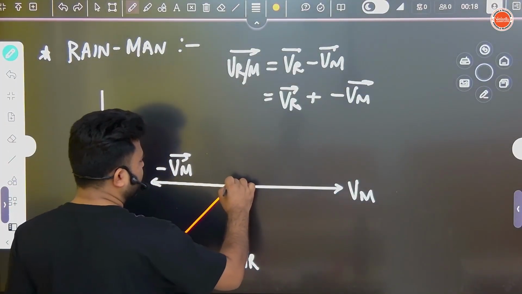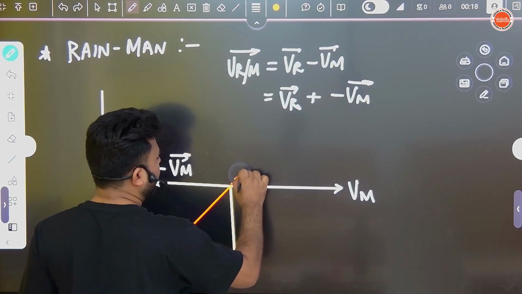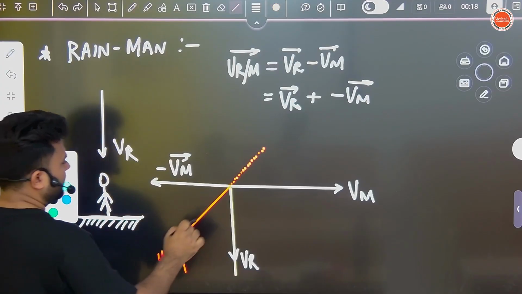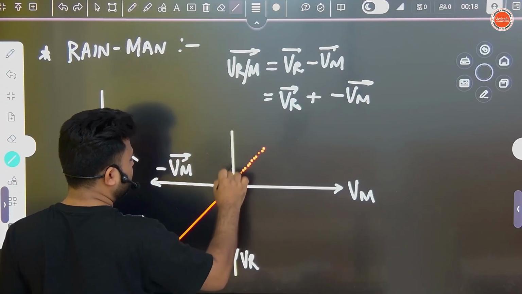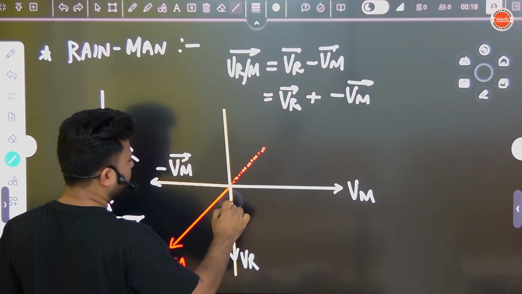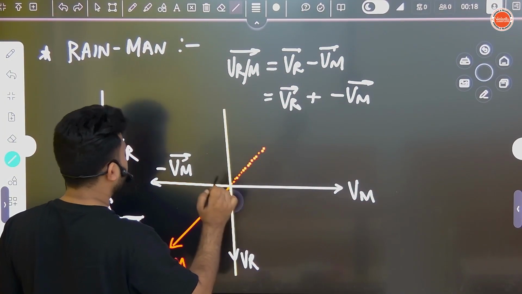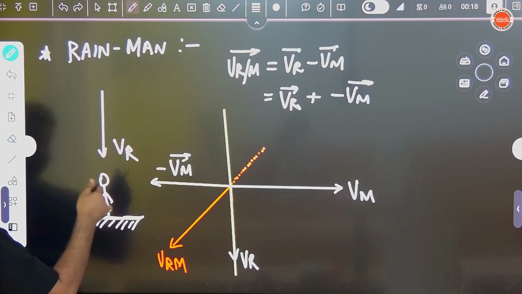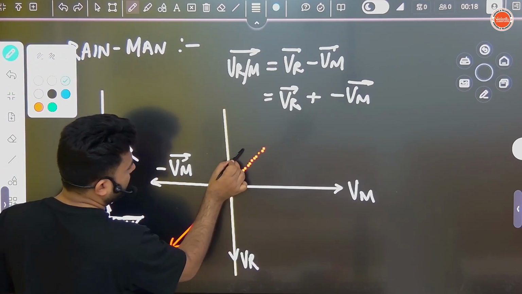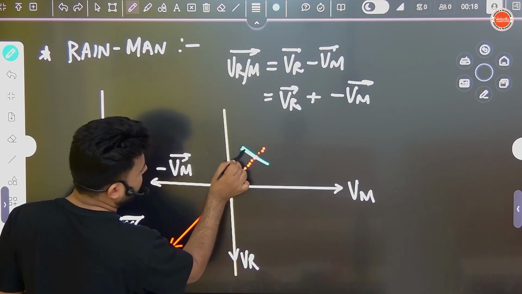That's why sometimes they ask, at what angle you should put the umbrella? This kind of question they ask. So rain is coming in this direction, means you should put the umbrella like this.